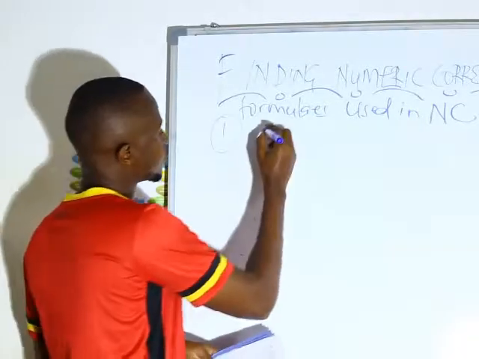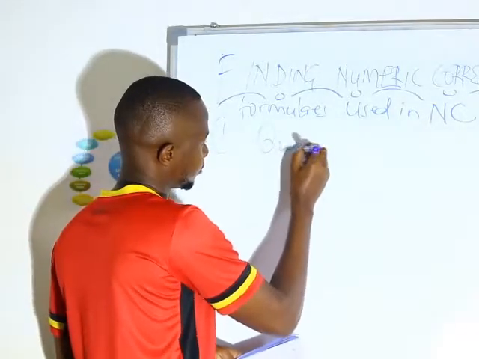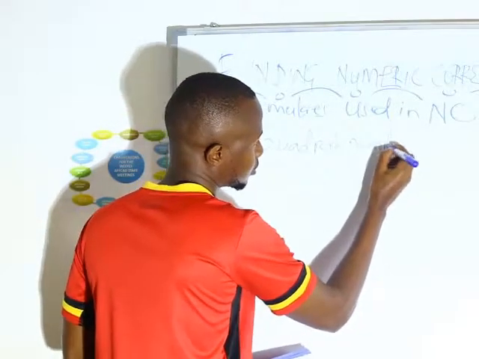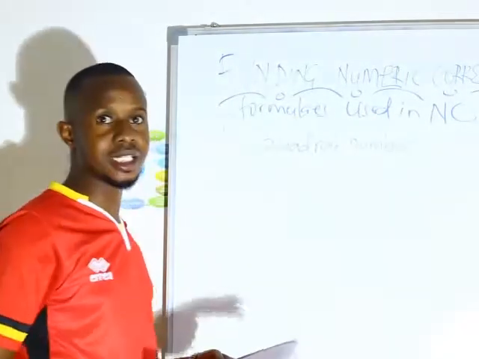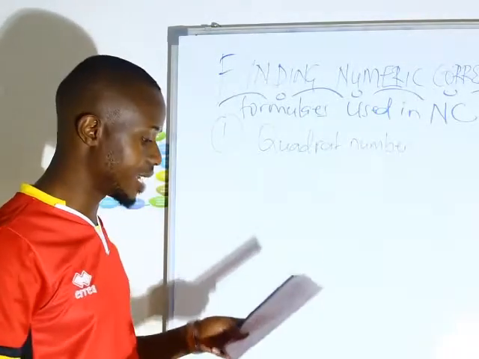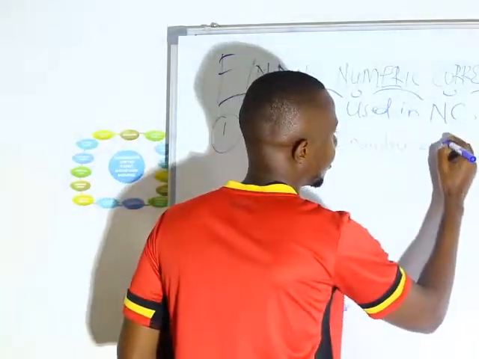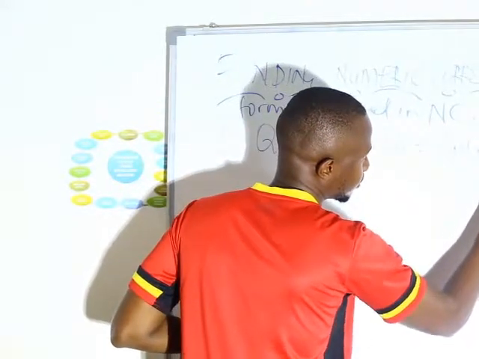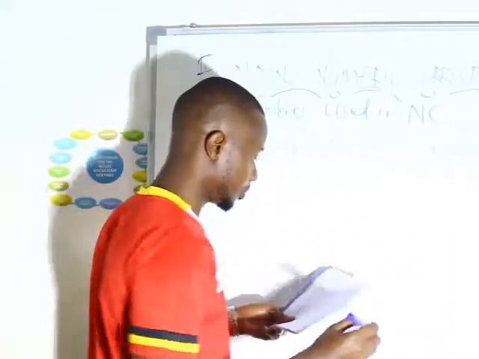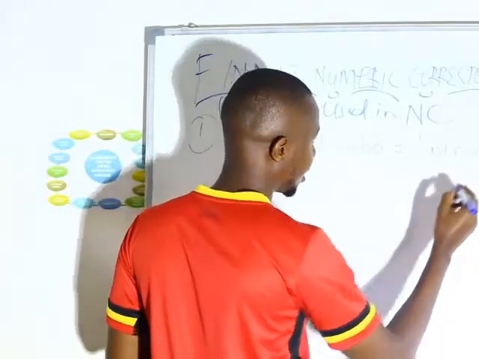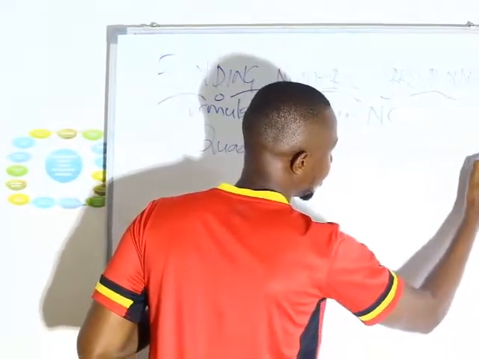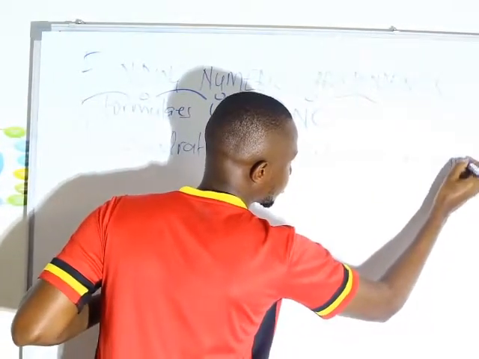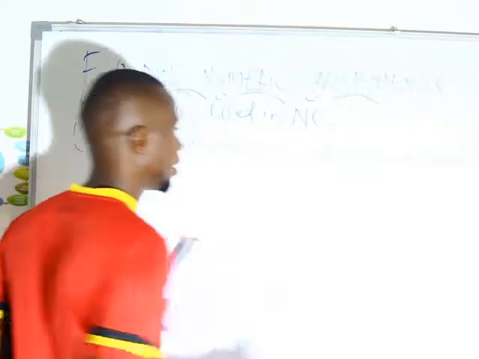The first formula is called the quadrant number. As we saw it in terms used in quadrant number. Quadrant number equals last number in a quadrant divided by 9.